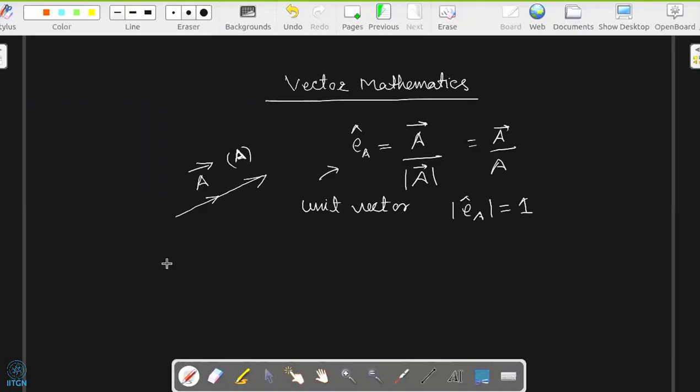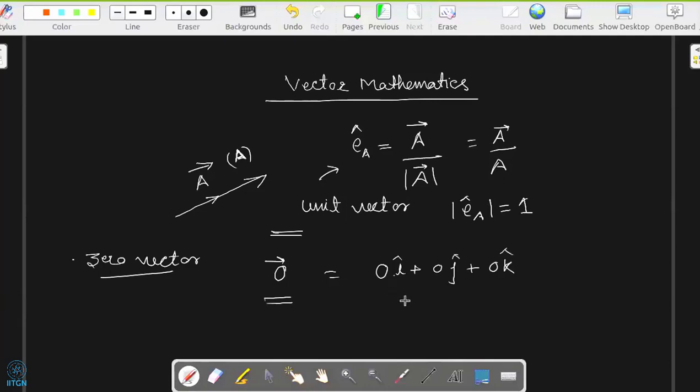Now another thing: similarly to the unit vector, we also have the zero vector. The zero vector and zero are different. In order to understand that, the origin in any Cartesian coordinate system is also a zero vector, with position at 0, 0, 0.